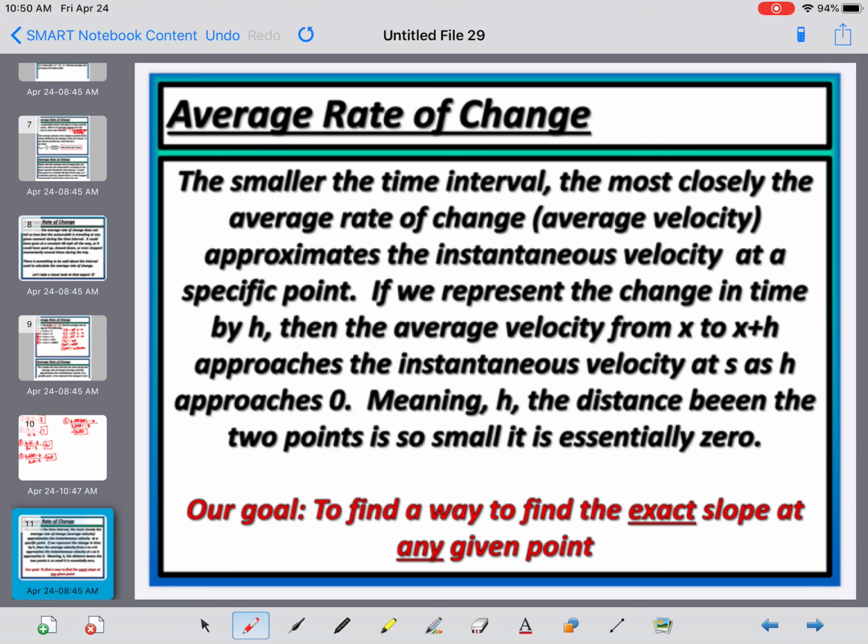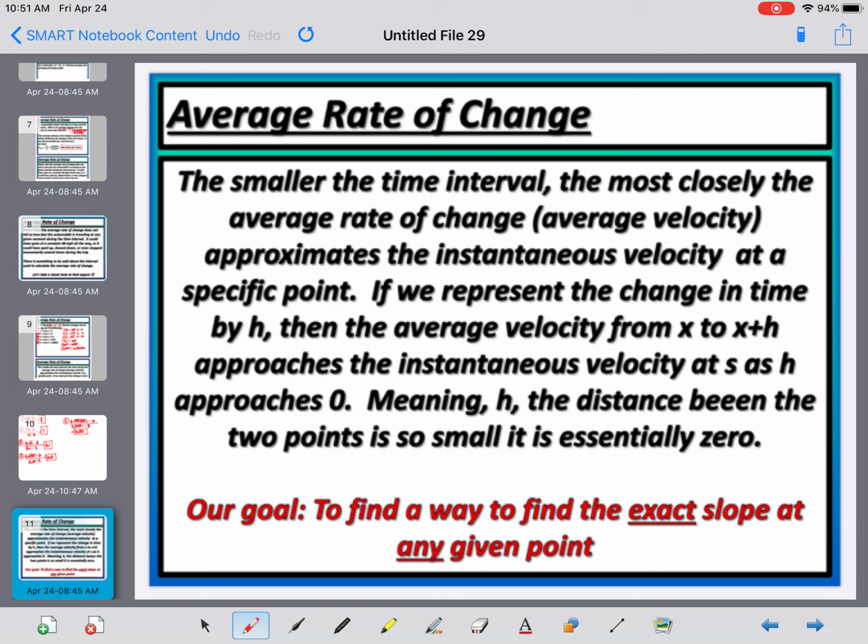So if you think about the average, as those 2 points get closer and closer together, they're turning into perhaps 1 point, or the period of time between them is becoming smaller and smaller and almost negligible, that the average rate of change is now starting to represent the instantaneous, because the instantaneous is at 1 point.